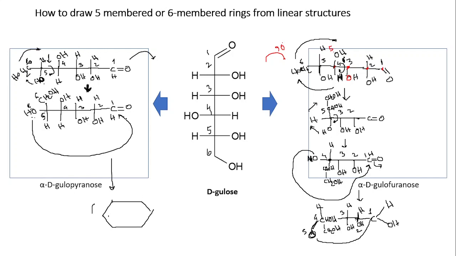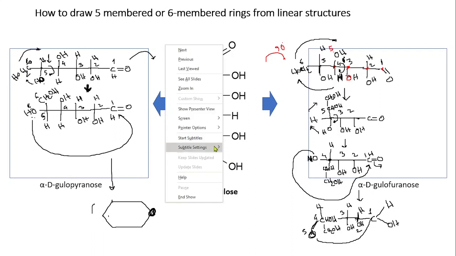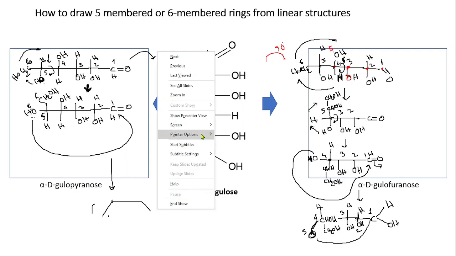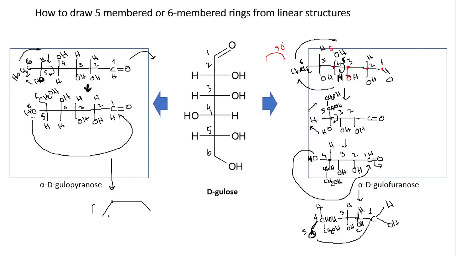Okay. So this is this O. Let's draw it right here. This O, sorry, my bad. Let's make the 6-membered ring right here.